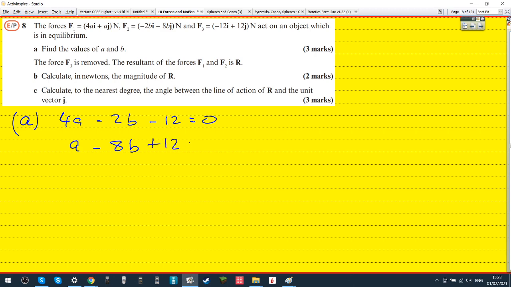And then we'll enter our simultaneous equation calculator. The calculator takes the form of equals a number. So the two variables are on the left and then the numbers on the right. So you'd have to bring these two over. So do I need to do 4a minus 2b equals 12 and a minus 8b equals minus 12? Yeah, that's exactly how the calculator takes it in.